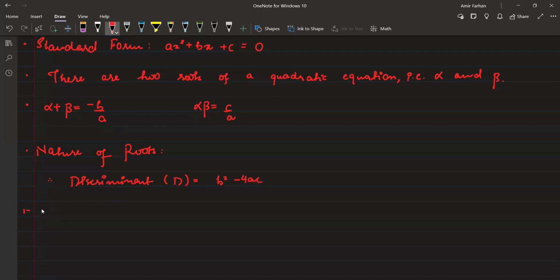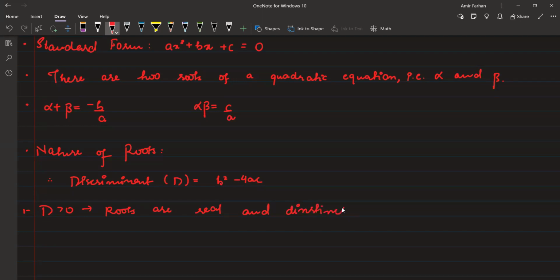There are three cases in this. First case is D is greater than 0. So D greater than 0 means roots are real and, tell me, roots are real and what else in the case of greater than 0? Equal. Sure? Roots are equal and distinct. Distinct means different.